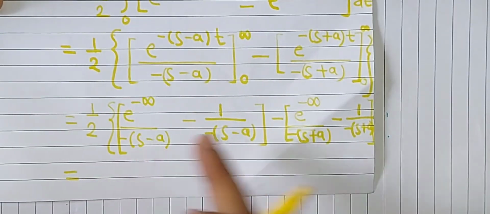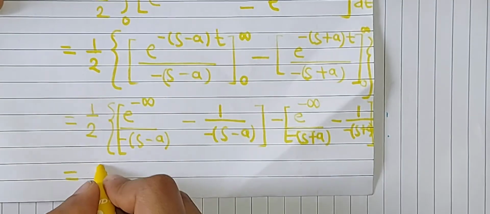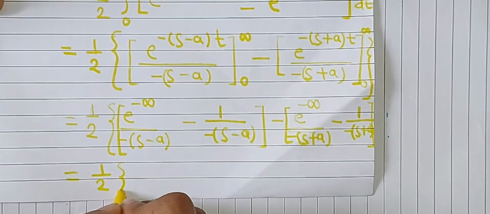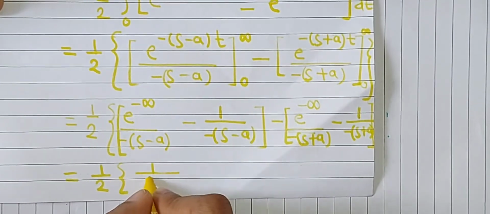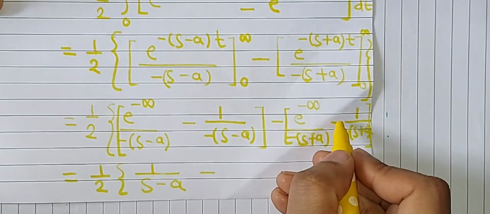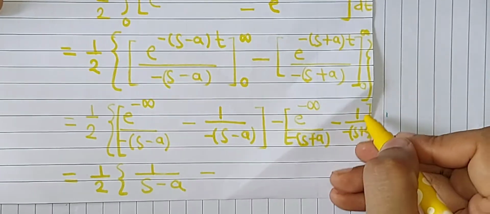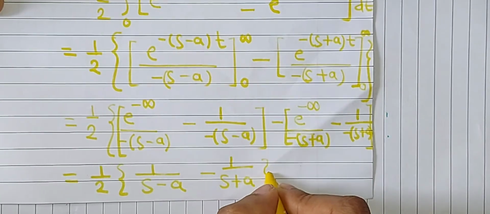So the first element and the third element will be 0, and the remaining element is 1 by 2. Minus into minus is plus, so 1 upon s minus a; this sign is minus, again minus minus is plus, so 1 upon s plus a. So this is your last step.